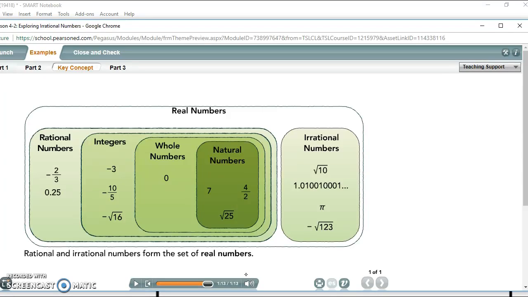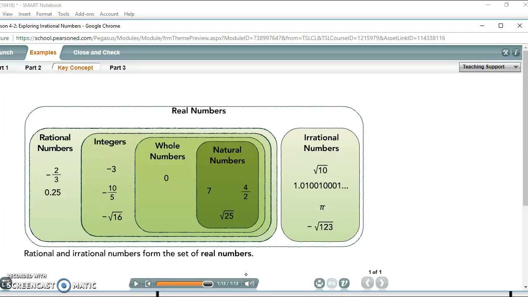I could write it as 25 hundredths. So this is rational. So notice integers, whole numbers, and natural numbers are all part of rational numbers. So the only new thing we've added here that is rational but not an integer, whole number, or natural number would be my fractions and decimals. So this is one big category with lots of subsets.